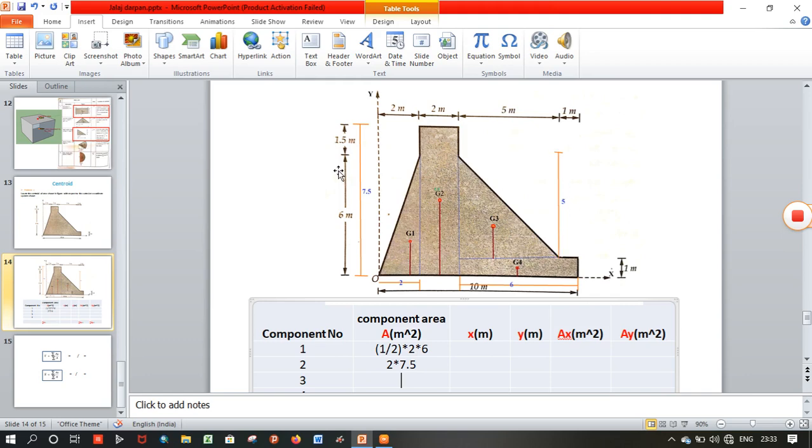We got this by deducting 1 meter from 6 meter. So we got this 5 meter as the height of the right angle component G3. Here also it is the same: the base width is 5 and the height is also 5.